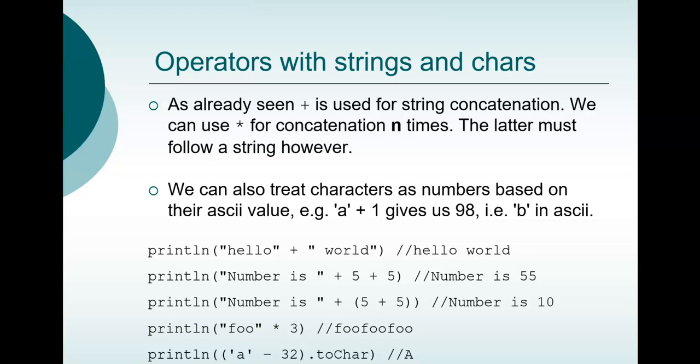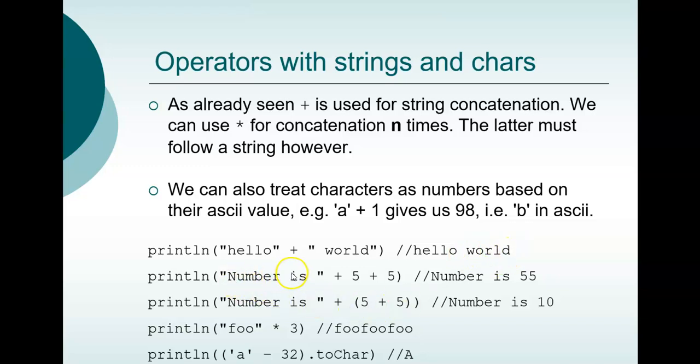Now, as you have already learned, we can use the plus sign to concatenate strings. We can also use the asterisk, or the multiplication sign, for concatenating a number of times. So for example, here we have hello plus world, and we are going to have hello world.